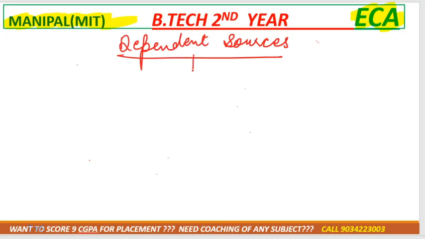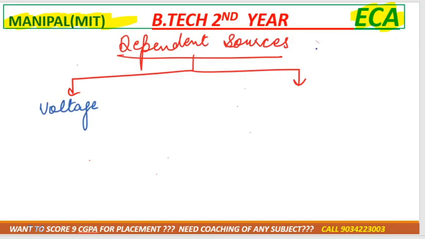Dependent source is basically divided into 2 categories. One is the dependent voltage source. What is the symbol of the dependent source? It's a diamond shaped symbol. So whenever you see this symbol, that means it is a dependent source.